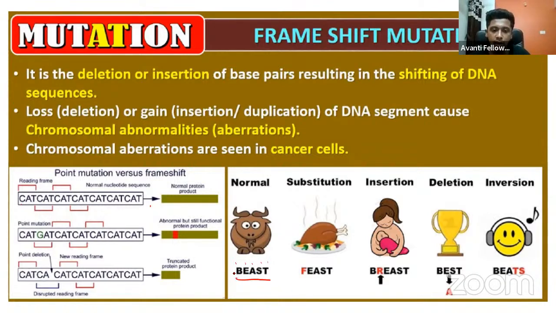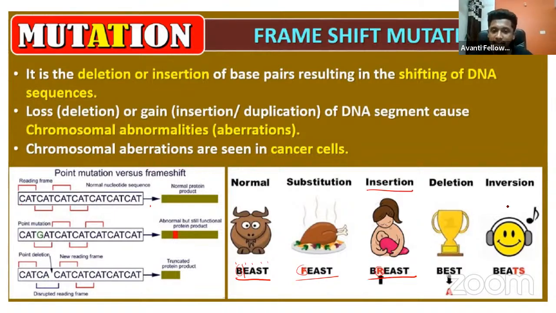Now instead of B, F is substituted. That leads to FEAST. Now the reading frame is changed, and the entire meaning of the gene sequence also changed. Or look here, between B and E, if I add R, that becomes BREAST. Again, the meaning is different and the reading frame is different, and that we call an insertion.